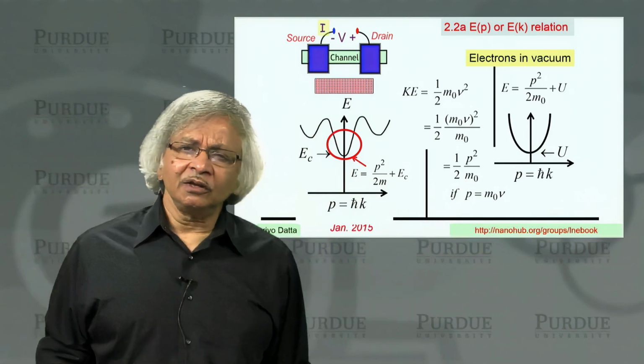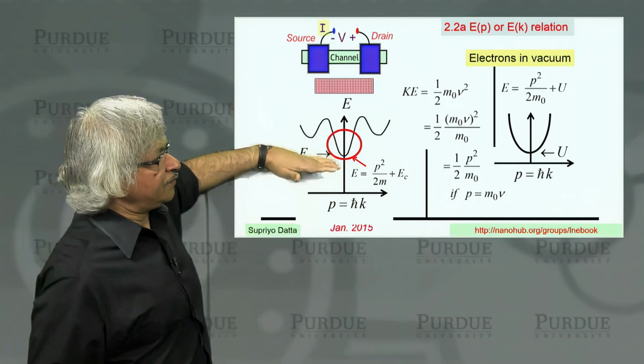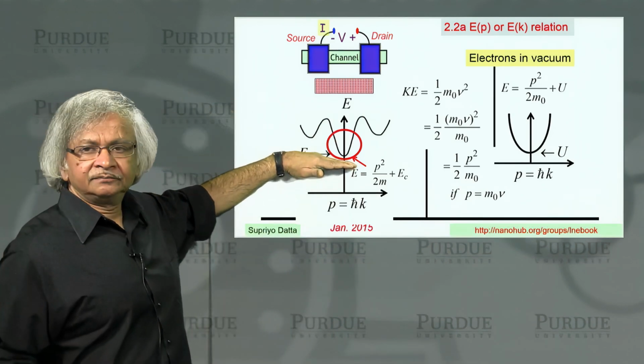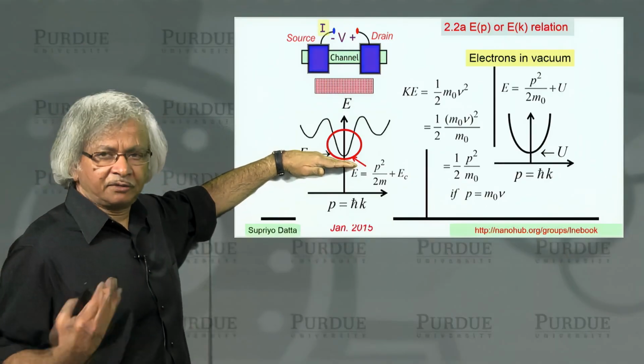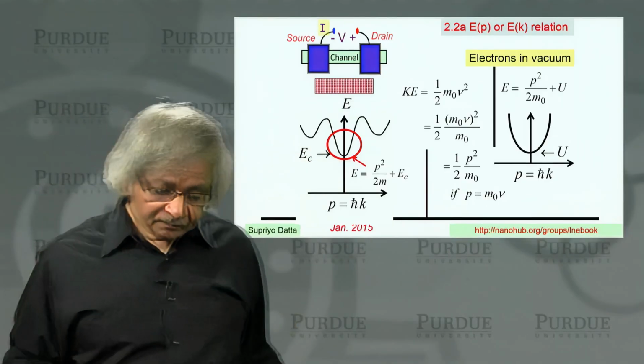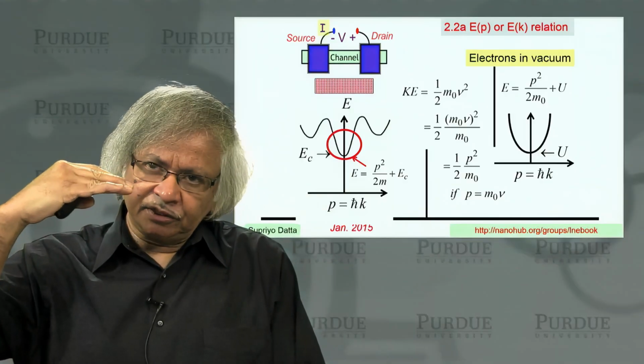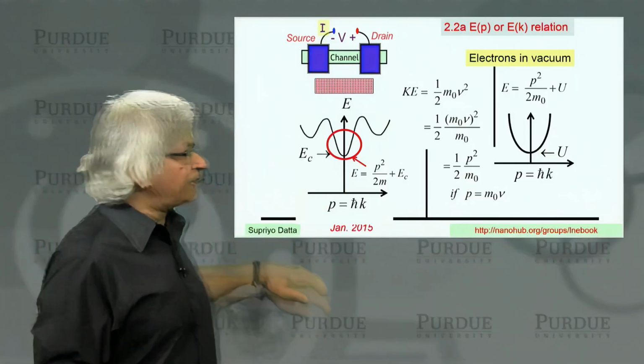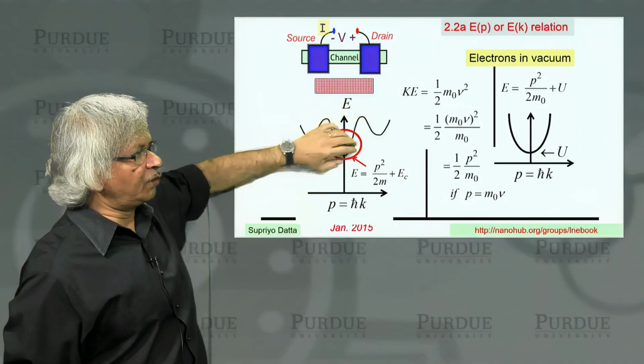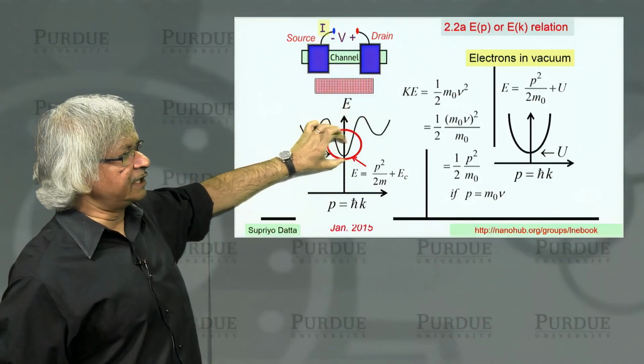Why is that useful? Well, often, if your chemical potential was here, then conduction processes, as we have discussed, depend on the energy levels right around the chemical potential. So energies that are far away don't matter too much. So what matters is only the energies around here.